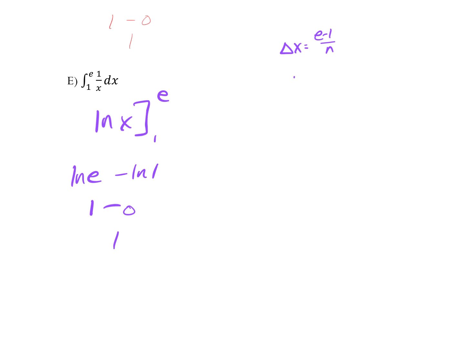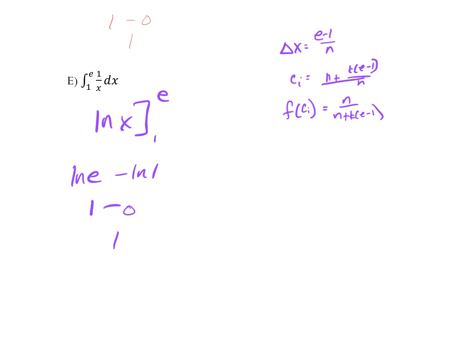And then your c sub i would be 1 plus k(e minus 1)/n. And f of c sub i would be n over n plus k(e minus 1).